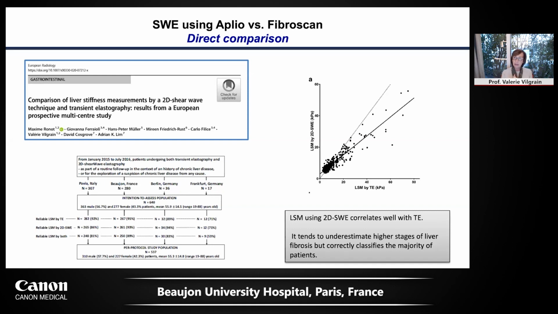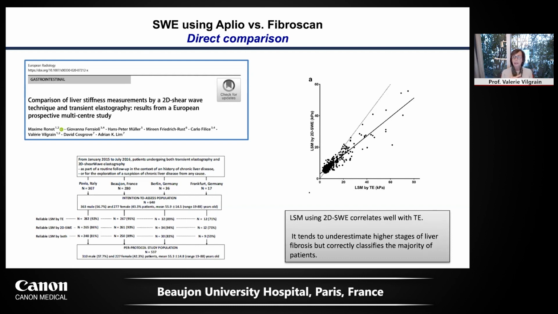So we can say now that with the Aplio series, shear wave elastography has been clearly validated in a multi-center study where Dr. Giovanni Ferraioli participated, as well as our centers, as well as others. We included more than 500 patients comparing liver stiffness measurements by the 2D shear wave technique from Canon and transient elastography.